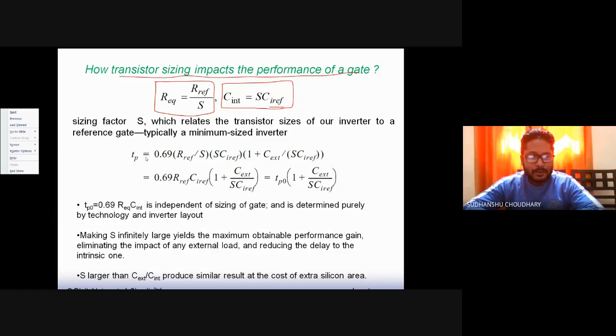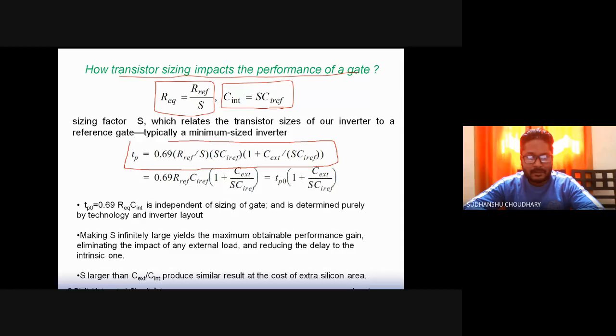So we modify our delay equation, and the delay equation now becomes this much. We bring in R equivalent is now R REF by S, and C intrinsic is now S times C IREF, and we had 1 plus C extrinsic by C intrinsic, so C intrinsic again we replace by S C IREF. So this now modifies and takes this form.